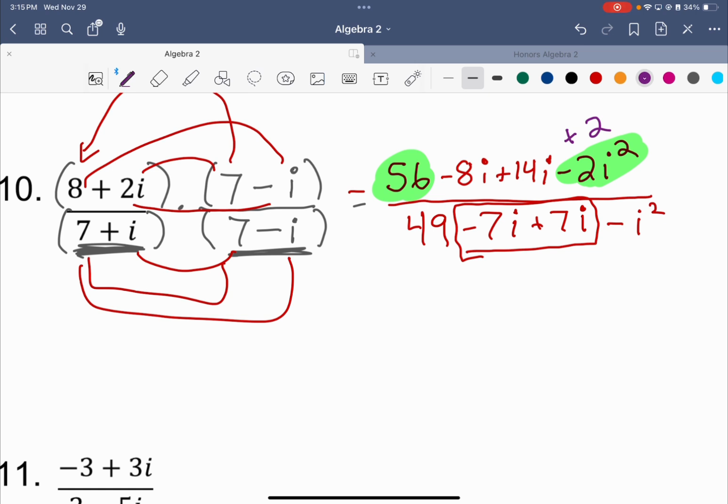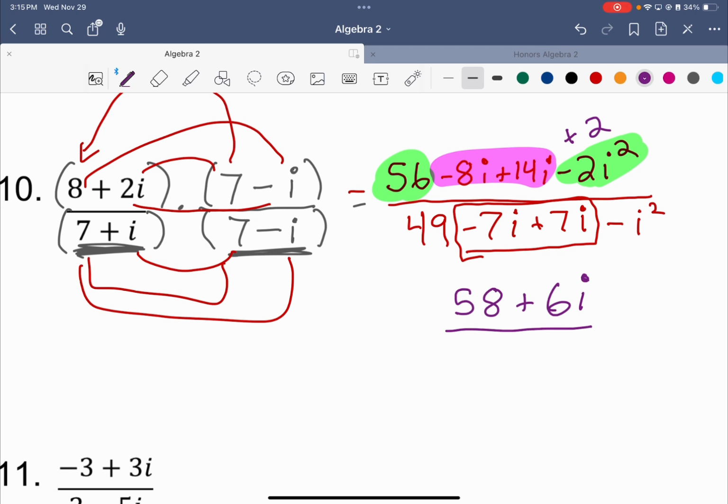It's the opposite of it. So 56 plus 2 is 58. Negative 8i plus 14i is plus 6i.